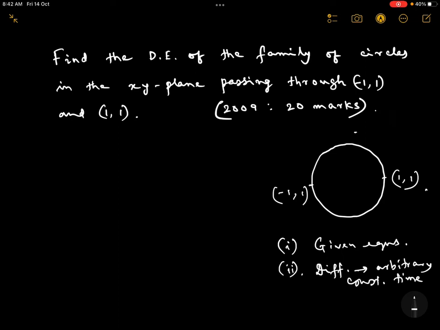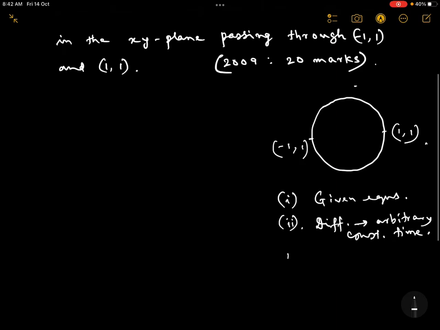This is class 12 mathematics only, it's not something very difficult. And the third step is to eliminate all those arbitrary constants involved. Okay, I'll just write eliminate the constants. So 3 steps are involved here.